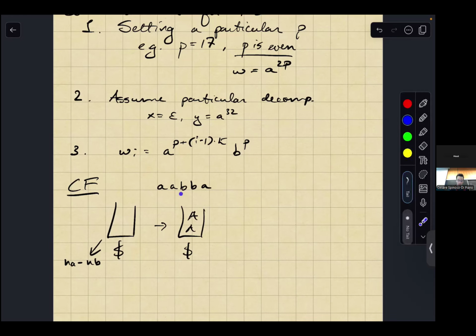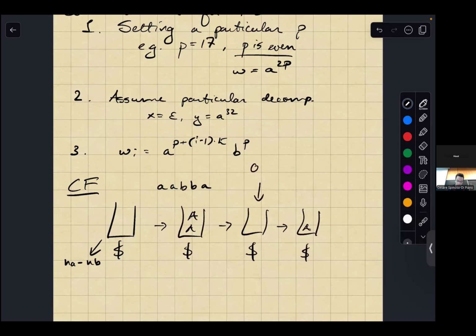Then if I'm reading a B and I see an A, I'll pop it because I want my count to decrease. And then if I read another B, I pop another A because I want my count to decrease again. So I'm just describing the logic of the PDA that's in the tutorial video. Now the only difference is if I have an extra A here, so my surplus is by 1, then this should also be okay. If I just stopped here, then this is okay.